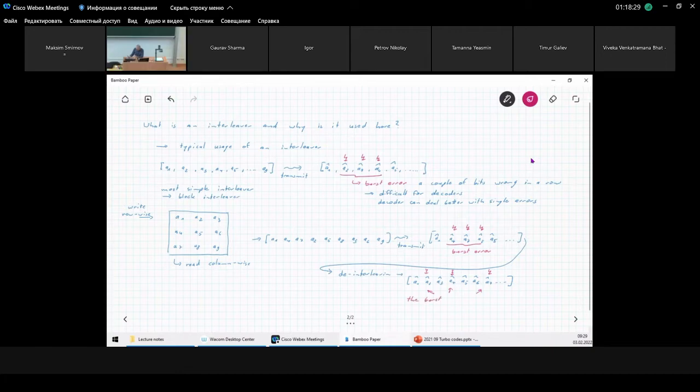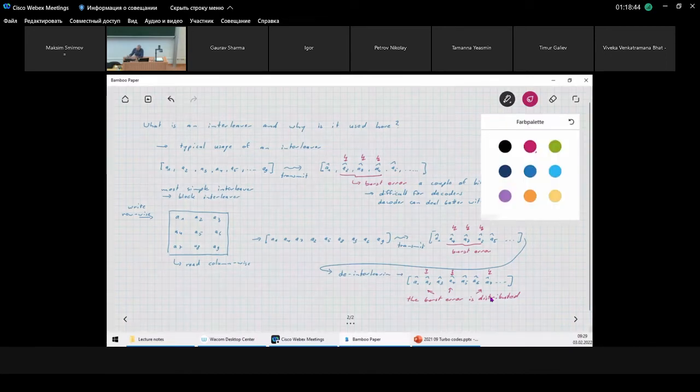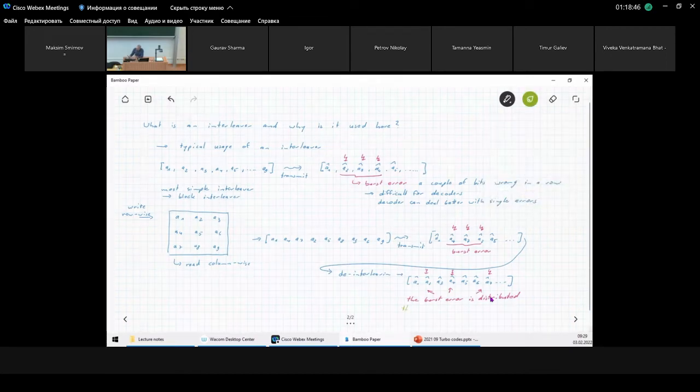The burst error is distributed, and the decoder will be able to correct the errors.